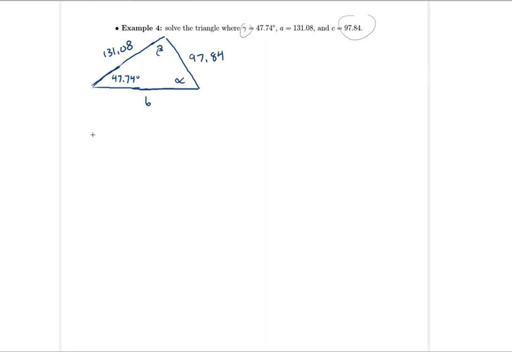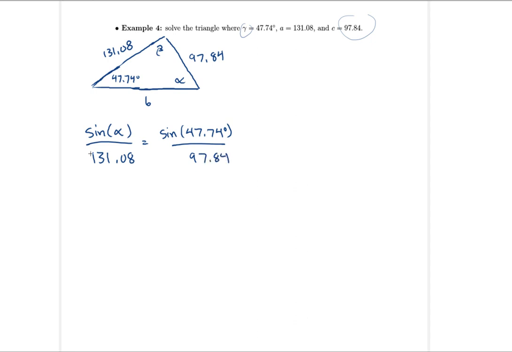As I set up my equation to find alpha, I'm thinking ahead that it's possible that I'll end up with two different triangles, so not just the one that I've sketched out here right off the bat.